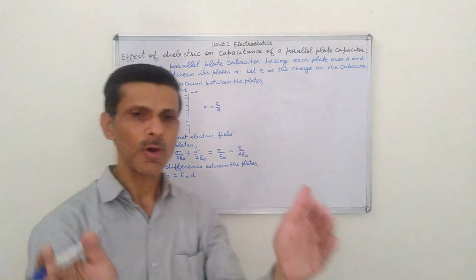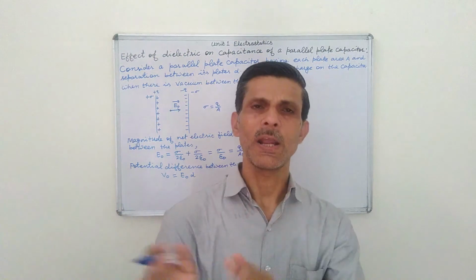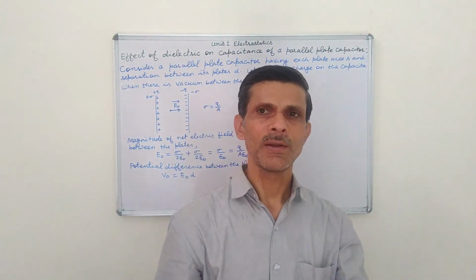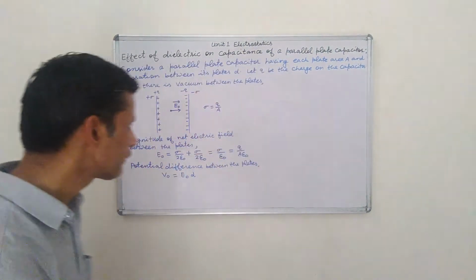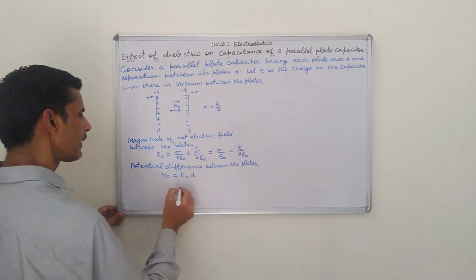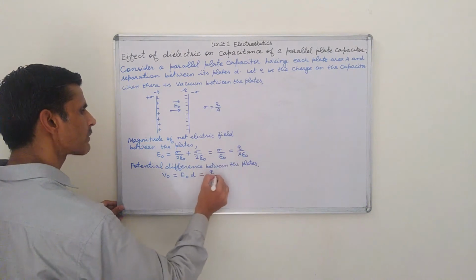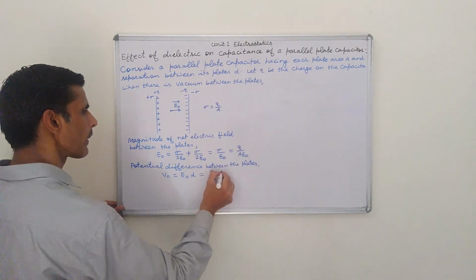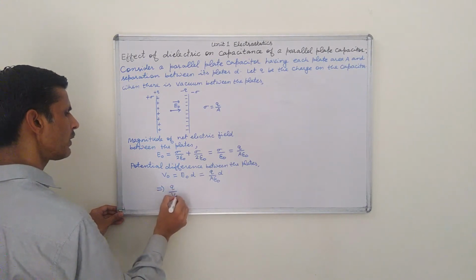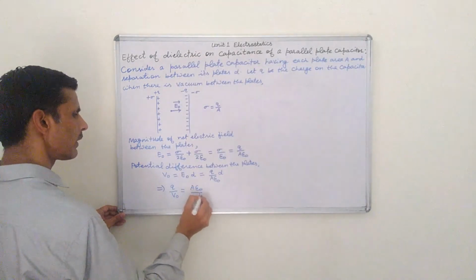You know, in uniform electric field, potential difference, absolute value, it is equal to magnitude of electric field multiplied the distance. So V naught is equal to E naught D. E naught, it is Q upon A epsilon naught. From here, you have Q upon V naught is equal to A epsilon naught upon D.